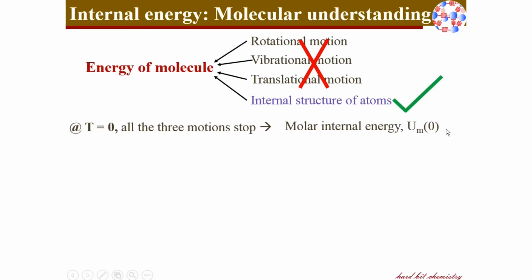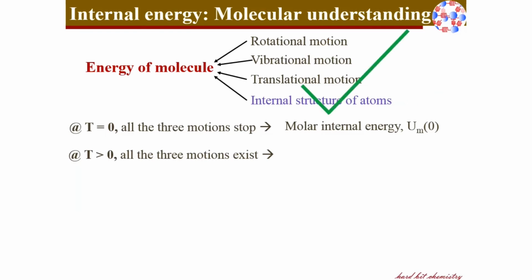And now you have got higher temperature where the three modes of motion are executing. So the molar internal energy is a contribution of all the three motions and the internal structure. That is, the molar internal energy at this temperature T is contributed by internal structure of the molecule as in absolute zero, and with a motional contribution in addition to that.